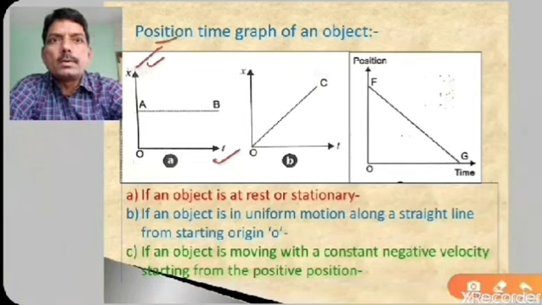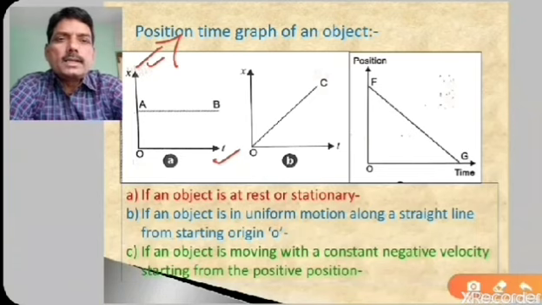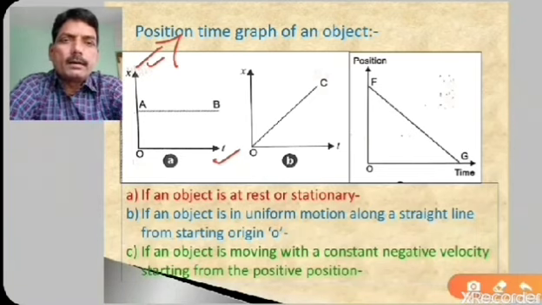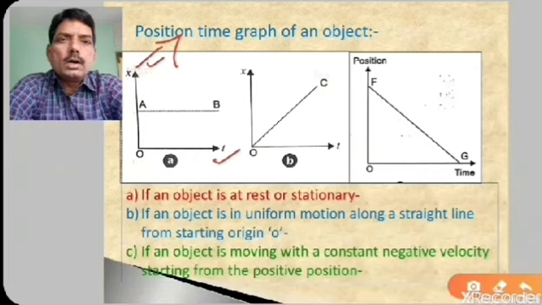Now you can see here the line AB, whatever you have plotted, is parallel to the x-axis or time axis. Now how do you plot this graph? You plot this graph with the help of points that you collect for the position and the respective time.